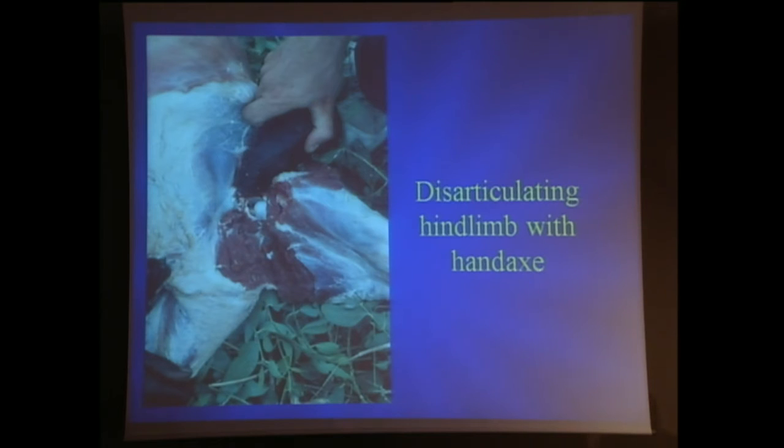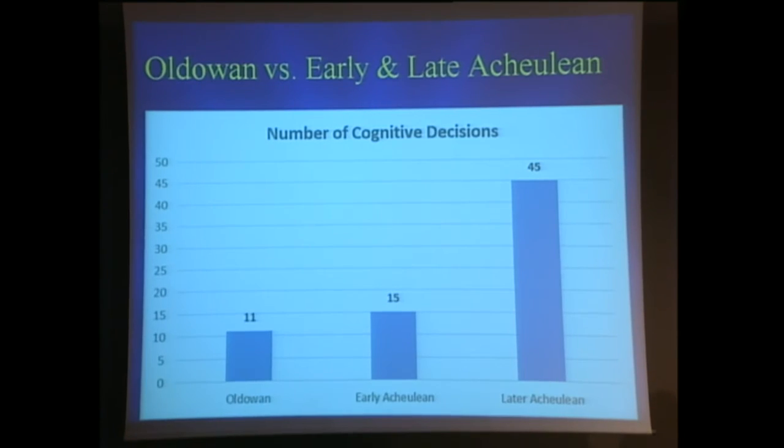And both the micro-wear and the cut mark studies at this English site of Boxgrove, an Acheulean site, suggest exactly that as well. If you ask the question, how many cognitive decisions do you have to make for an Oldowan chopper, or an early Acheulean hand axe or cleaver, or a late Acheulean hand axe and cleaver, you can see that for the Oldowan, it's about 11 different types of decisions.